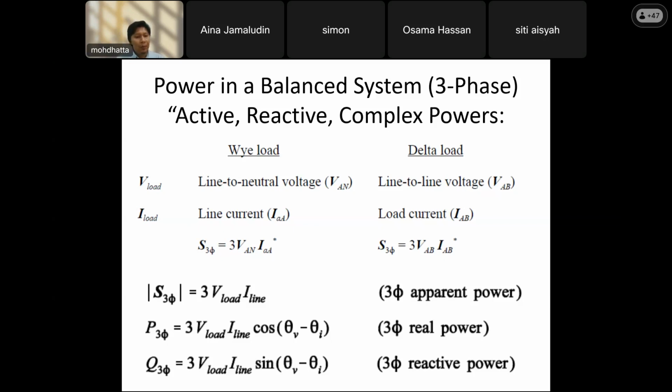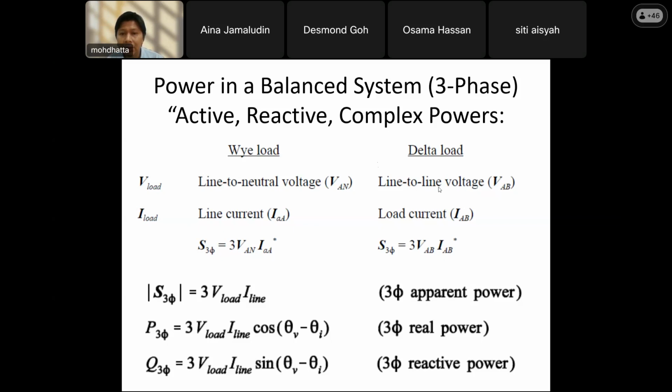And for the three-phase active power, we include cos theta at the back, and for the reactive power, we include sine theta in our calculation.